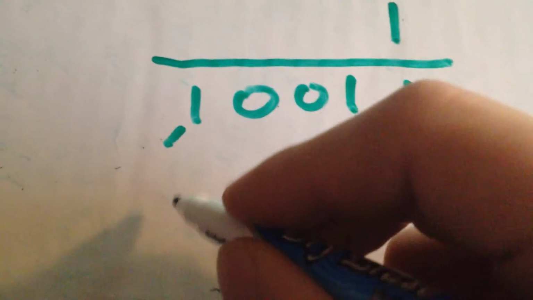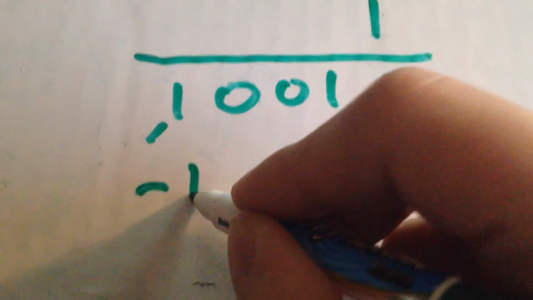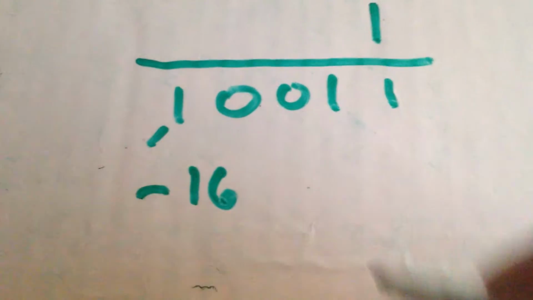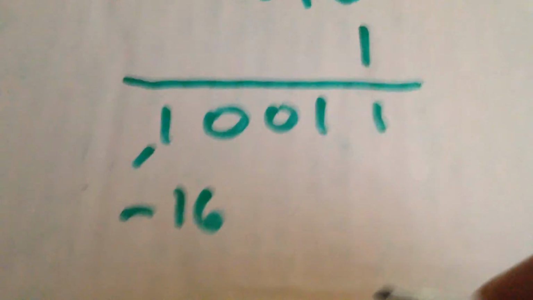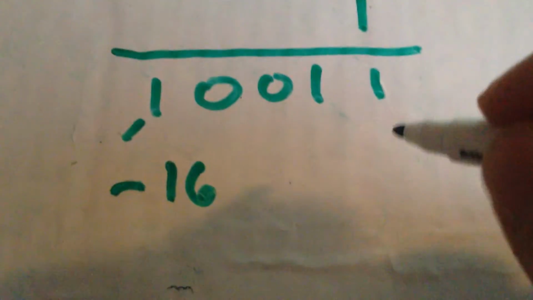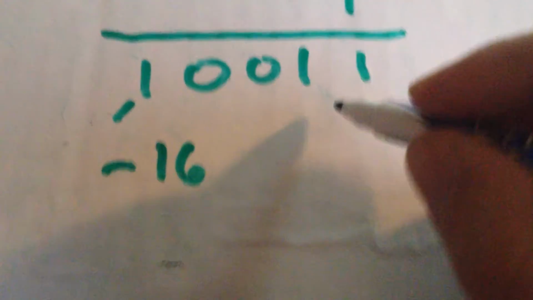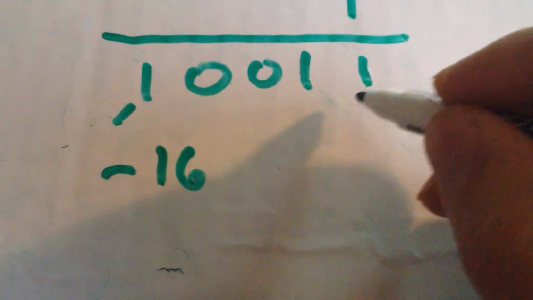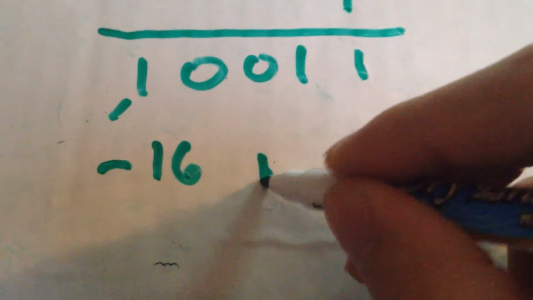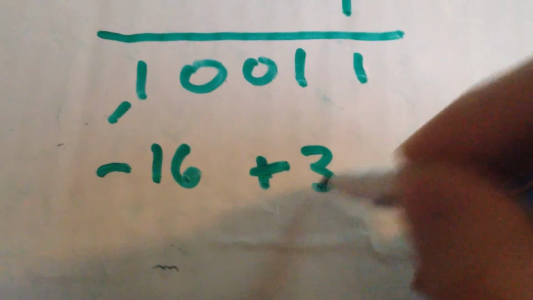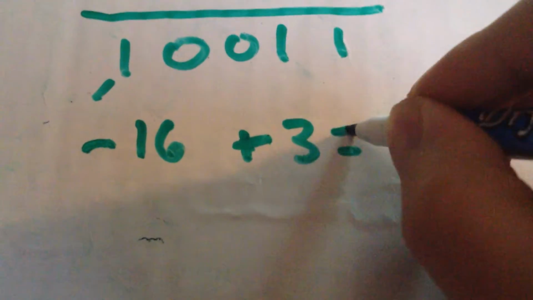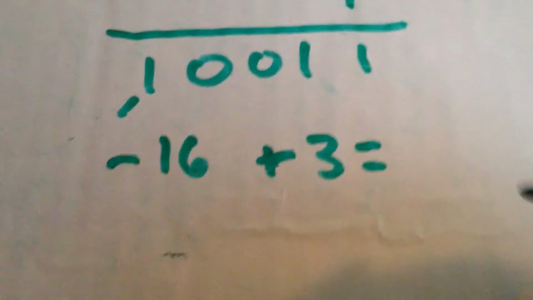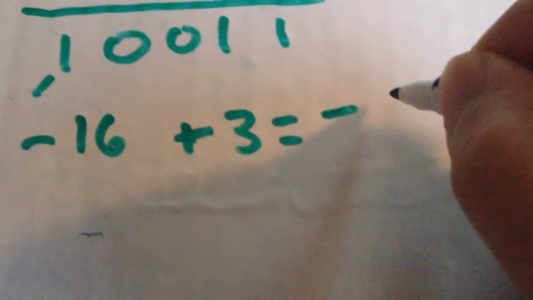That 1, in a sense, is representing negative 16. And we were shooting for negative 13 though, so what do we do next? Well, that's easy. The rest of these values are going to be considered positive. So we have a 1 and a 2. It's a positive 3. Now, hopefully you know your arithmetic. What does that equal? Negative 13.